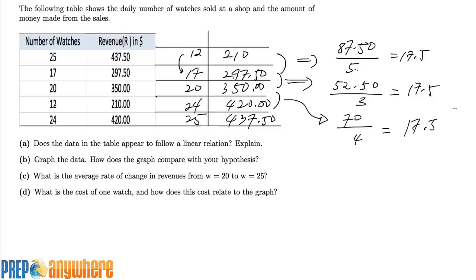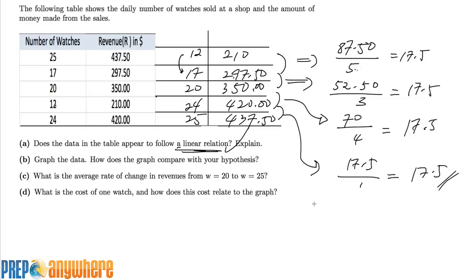So it's starting to look very convincingly that this is a linear relationship, meaning for the increased number of watches you sell, the amount of money that it goes up is consistent. Lastly, 17.5 divided by 1 is 17.5. So it is linear. Okay, so is it a linear relationship? The answer is yes.